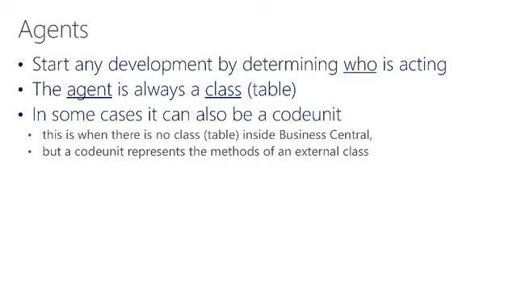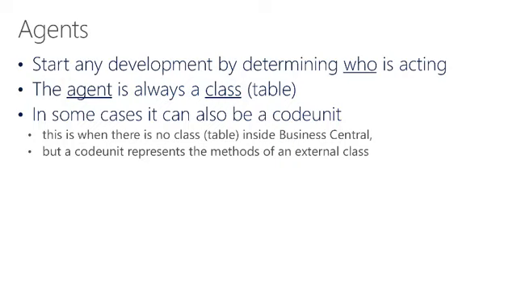So in the context of making apps for Business Central, when we talk about a class, we talk about a table, because that's the easiest way to translate those object-oriented programming concepts to the way that we are going to be developing for Business Central.